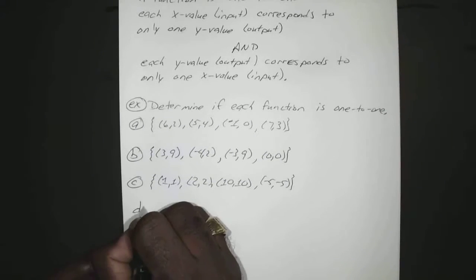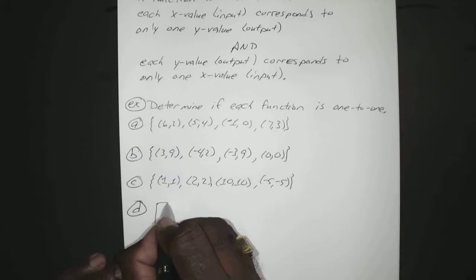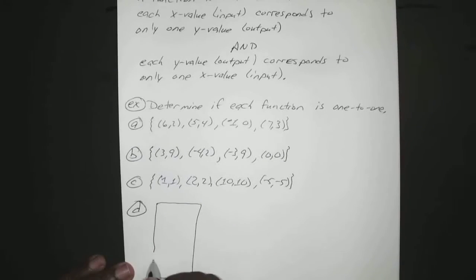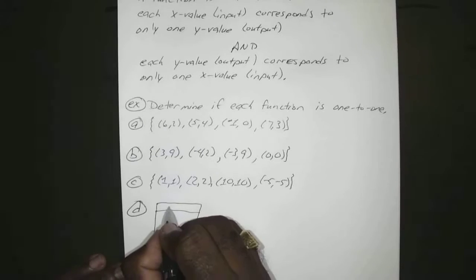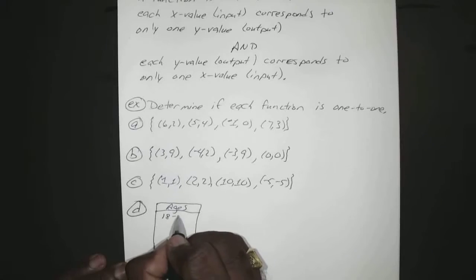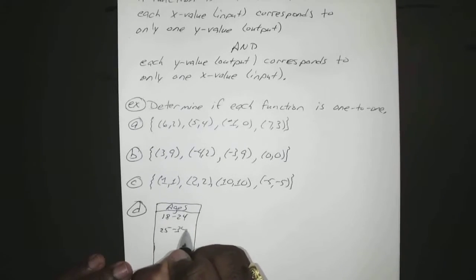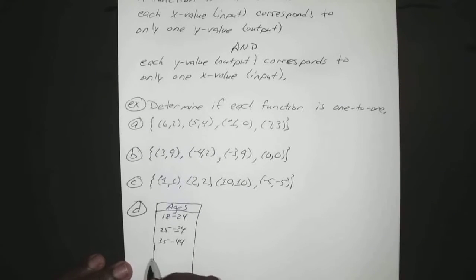And last but not least, if you have the graph of ages, so we'll say x: 18 to 24, 25 to 34, 35 to 44, 45 to 54, 55 to 64, and 65 plus.